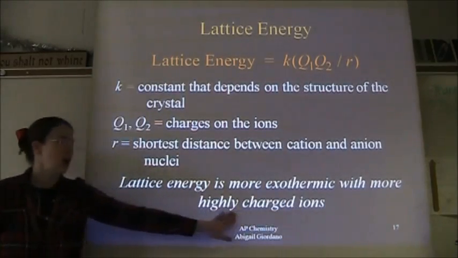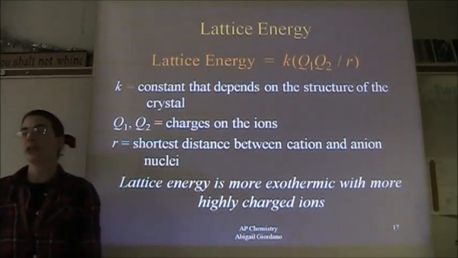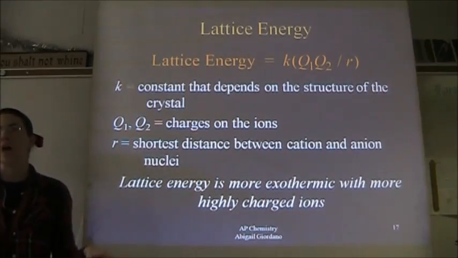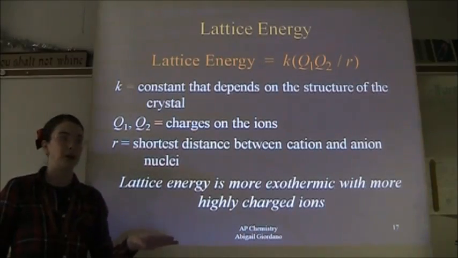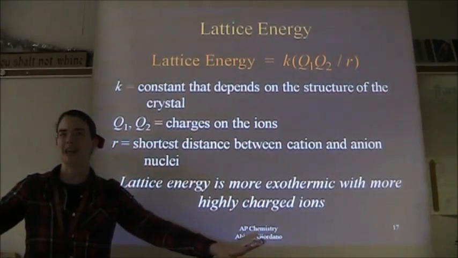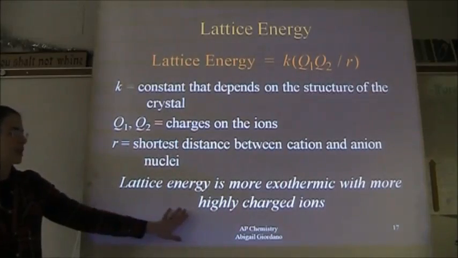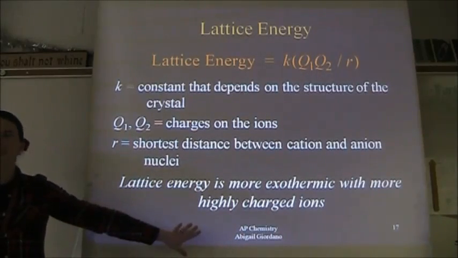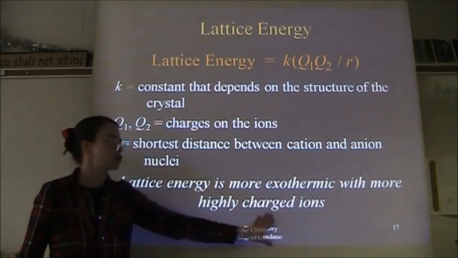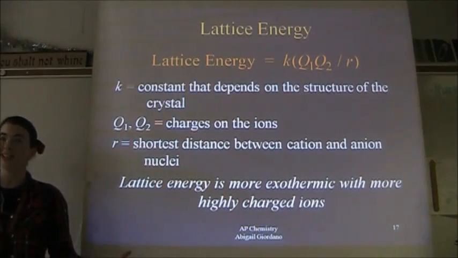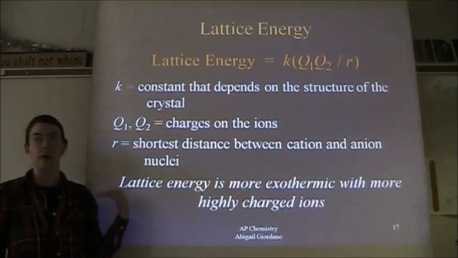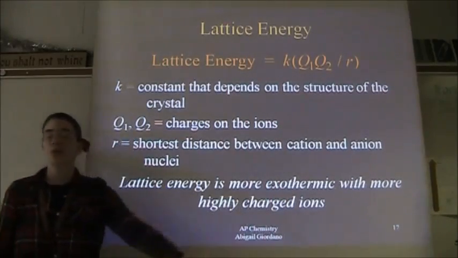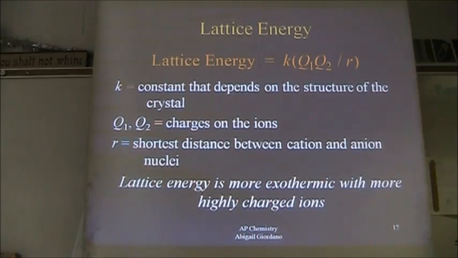Guys, this is how you get around saying something like, well, NaCl was +1 and -1, and aluminum chloride was +3 and -1. You don't have to get into any of that. You would just say aluminum chloride contains more highly charged ions and thus will give us a more negative or more exothermic lattice energy. That's what you should say.